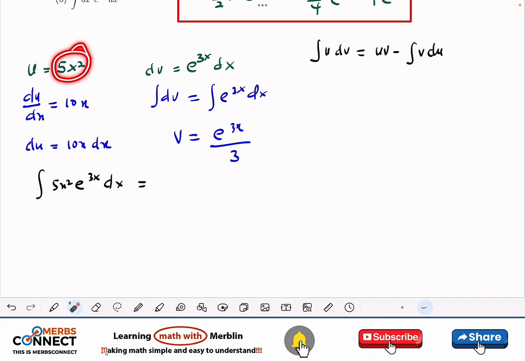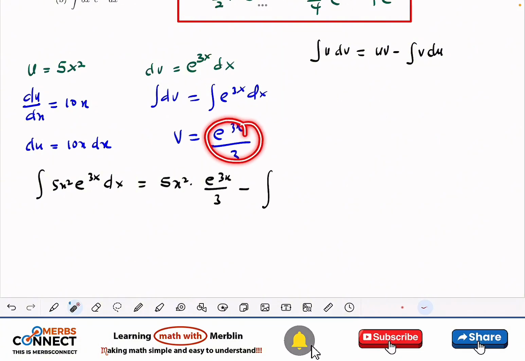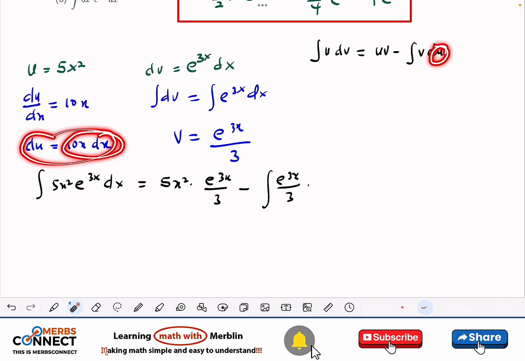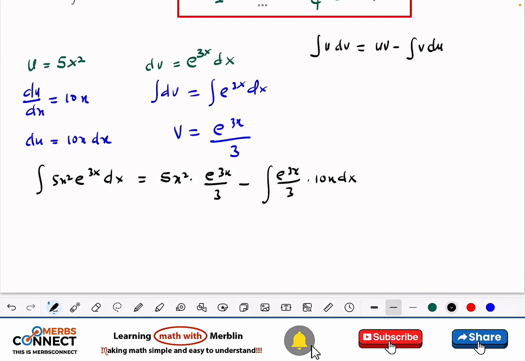So u times v, I'm going to have 5x squared times e to the power 3x divided by 3 minus, what is v? v is here. So e to the power 3x divided by 3 times, what is du? du is this here, right? So I'm going to have times 10x dx.